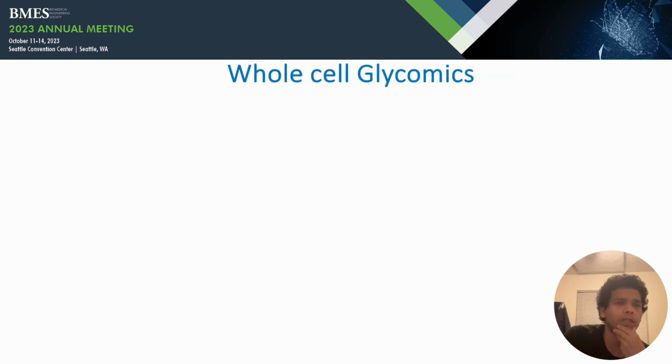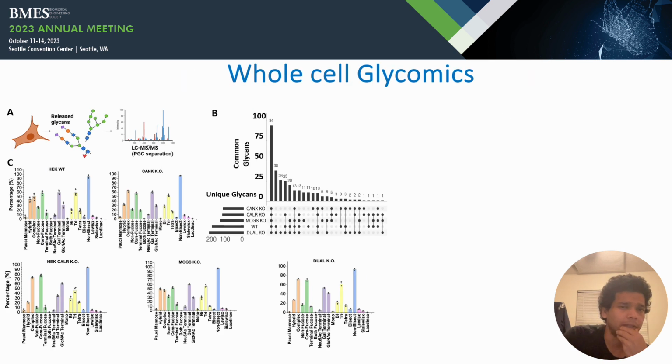And when we did the whole cell glycomic study, we can see a bigger, clearer picture of the intracellular functioning of the cells. For example, in the case of the dual knockout, we can see around 38 unique glycan structures.